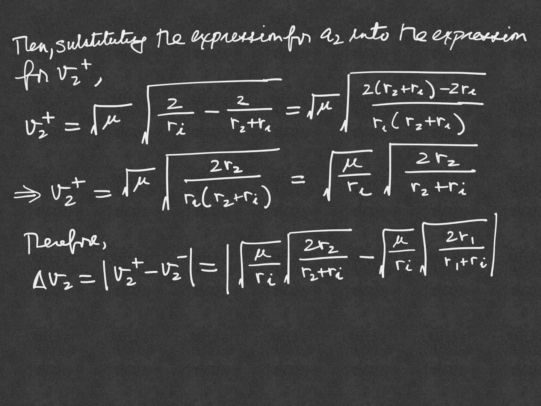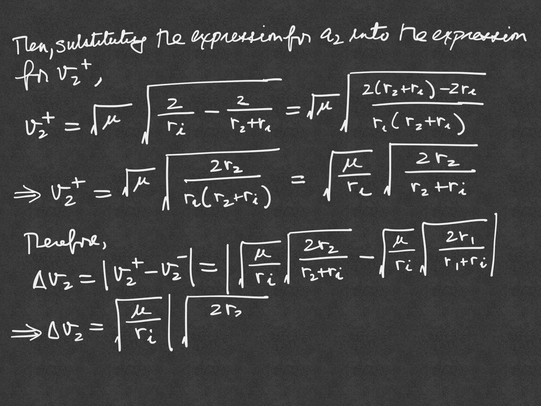Now, in a manner similar to what we did earlier, we can factor out the square root of mu over Ri because it's a positive number. And we're left with the absolute value of the square root of 2R2 all divided by R2 plus Ri minus the square root of 2R1 all divided by R1 plus Ri.